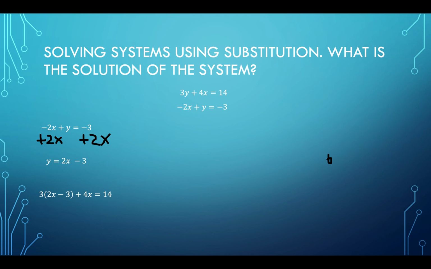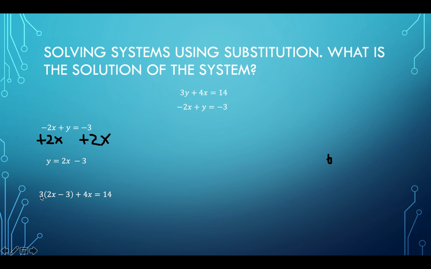So once we get there, now we can take this y is equal to 2x minus 3 and plug it in, not into the equation you just rearranged, but into the other original equation. So wherever there's a y, we're going to put 2x minus 3. So we had 3y.